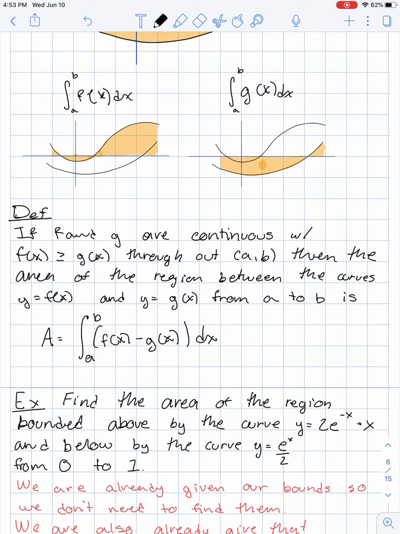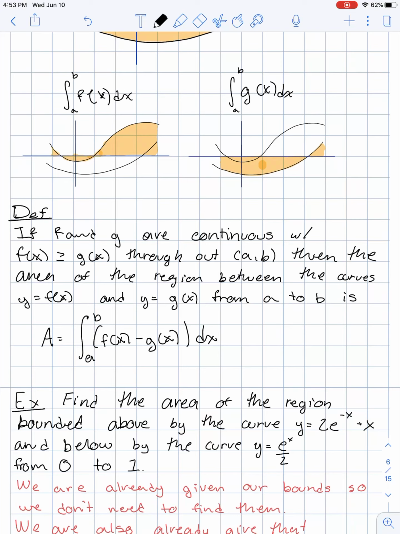So we're going to subtract the lower one from the higher one. All right? So there are a lot of steps when it comes to finding the area between two curves, or the area enclosed between two curves.